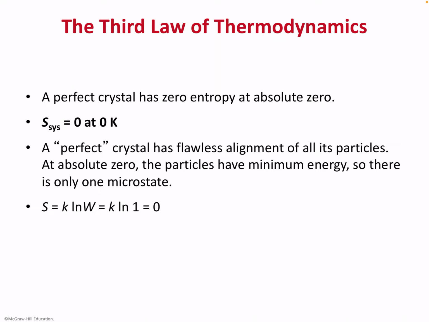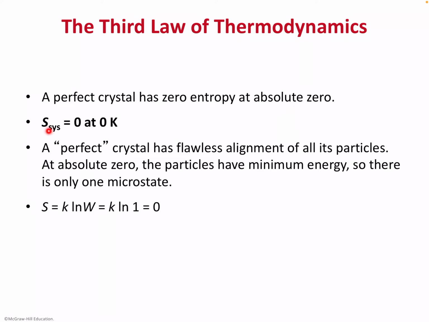How do we make a 0 point for entropy? Let's look at a perfect crystal, meaning there is no movement. A perfect crystal solid has zero entropy at absolute zero.